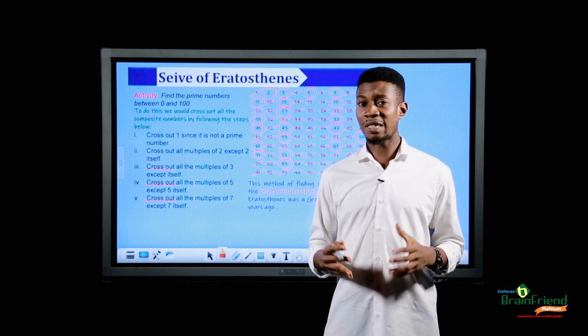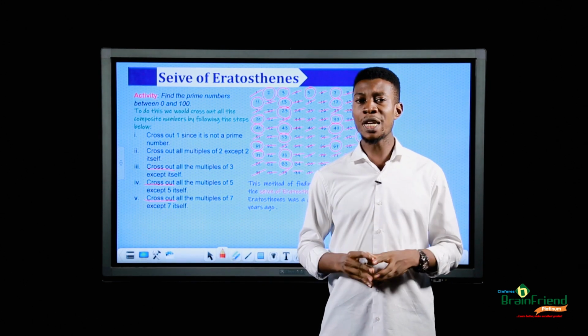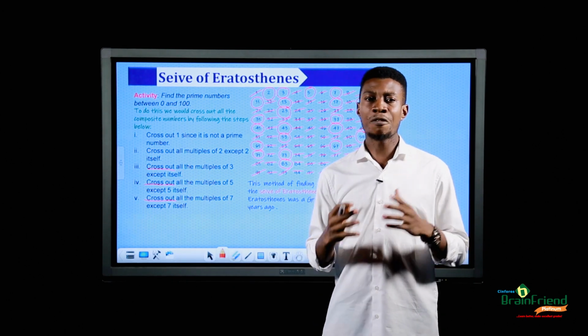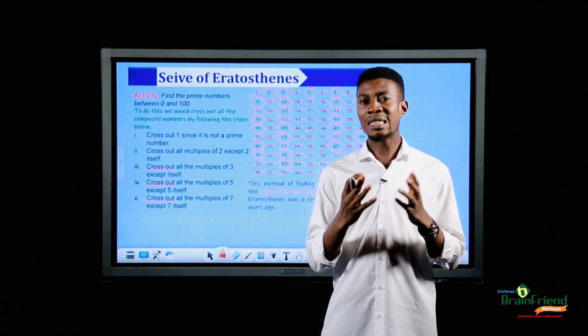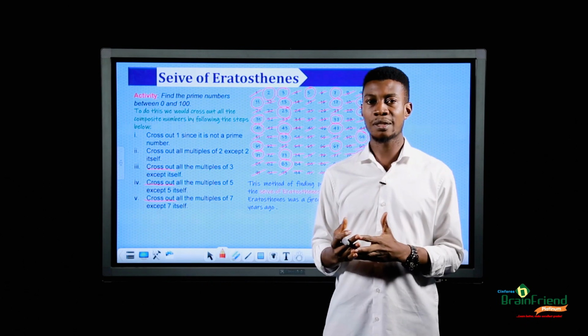The Sieve of Eratosthenes is a method we use to find out all the prime numbers between 0 and 100. By our activity, we have found out that there are 25 prime numbers. This method was developed by a Greek mathematician, Eratosthenes.